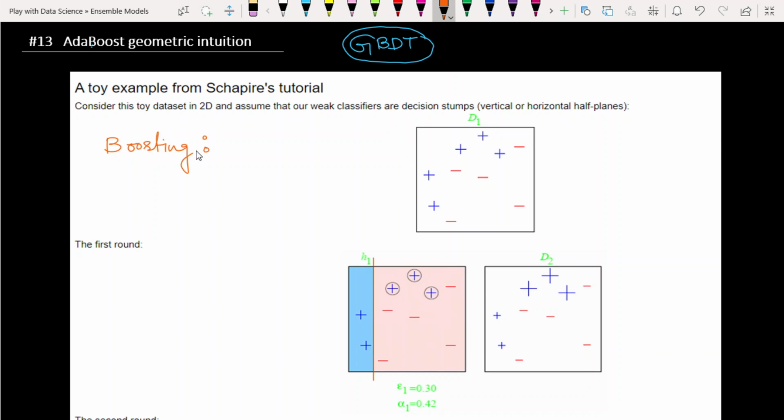There is another boosting technique, and this boosting is called the AdaBoost technique.